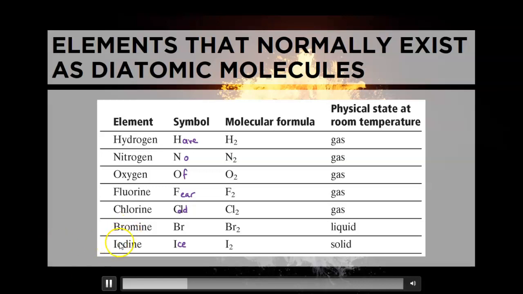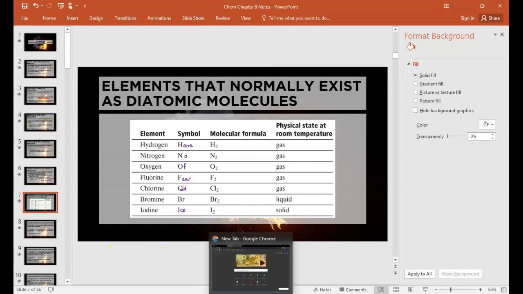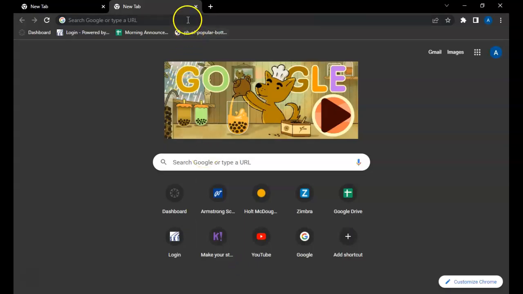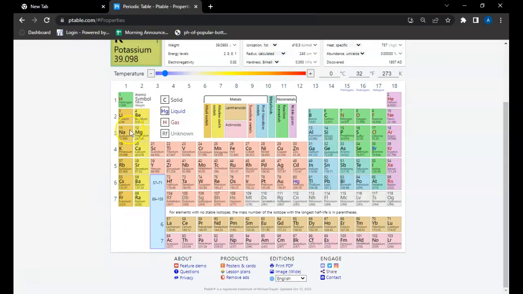But honestly, the thing that helps me remember it is the periodic table. I'm used to hydrogen being H2, but then over here there's a right angle that forms of the other 6.